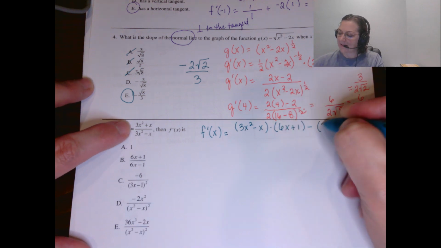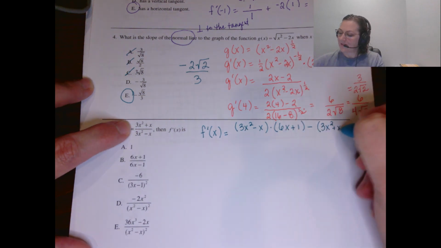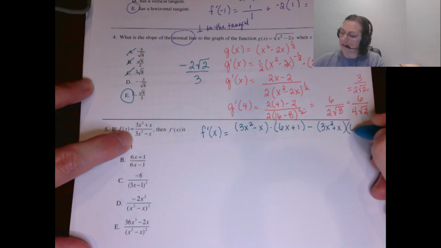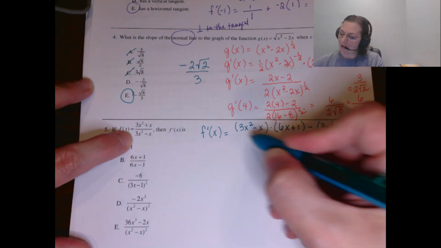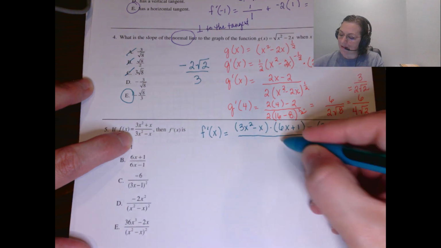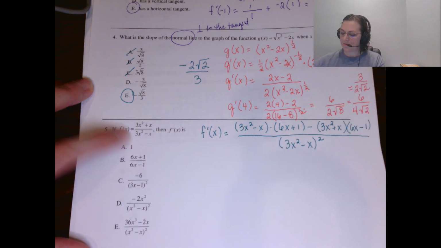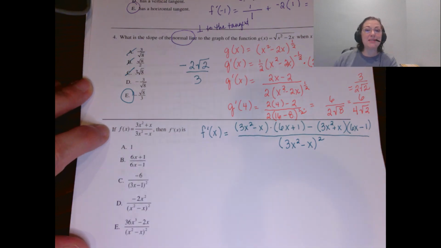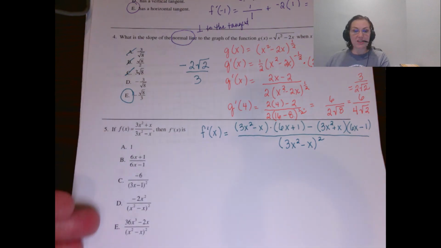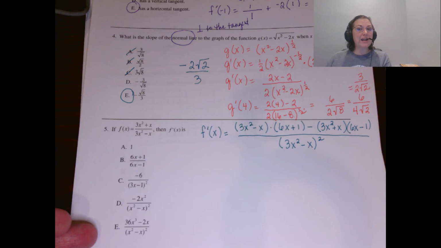Minus high D low, derivative of the denominator, all over low squared. All right, now the fun's going to be in simplifying this because look at these answer choices. Looks like they've multiplied it out. They've probably done some canceling. So we're going to try to do that as well.